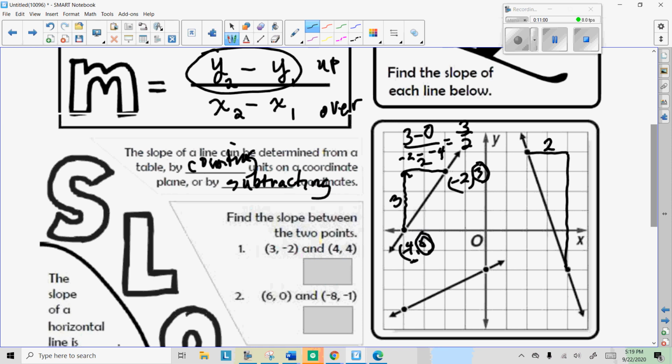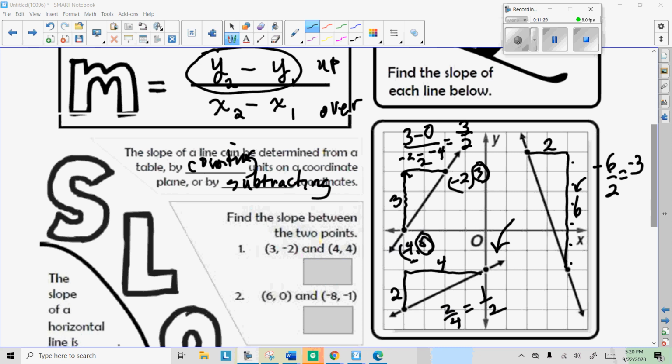This is over 2, and this is 1, 2, 3, 4, 5, 6. And then it's rise over run, so we need this 6 goes first over 2. Then you have to look at the direction of the line. This is a negative slope line, so we put -6 over 2, which is -3. Why don't you go ahead and try this one here. Do that rise over run, see what you get. There you go. You should have got that.